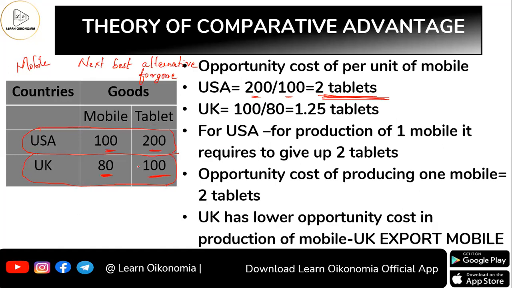You will be getting 1.25 tablets. You could here find that UK has got lower opportunity cost in the production of mobile phone.